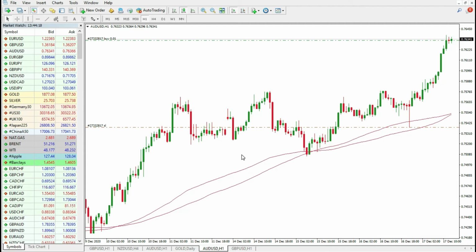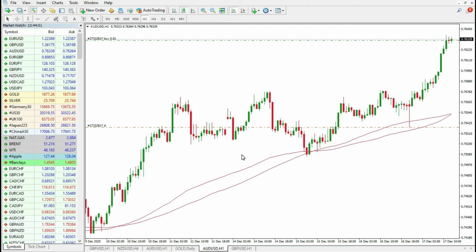in my personal opinion, smoothed moving average and simple moving average are very similar, and the only difference is the number of periods. So as you can see, simple moving average can be very similar to smoothed moving average if you put the smoothed moving average to be 50 and the simple moving average to be 100 periods of time.